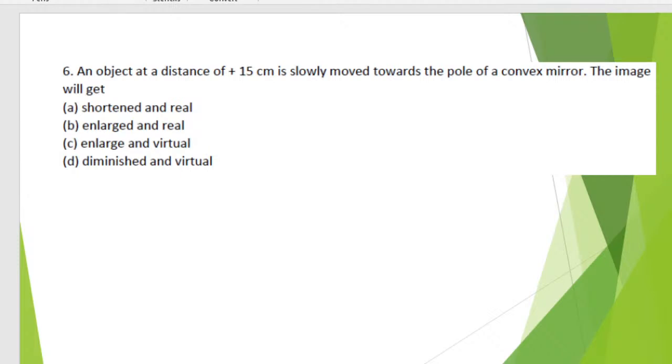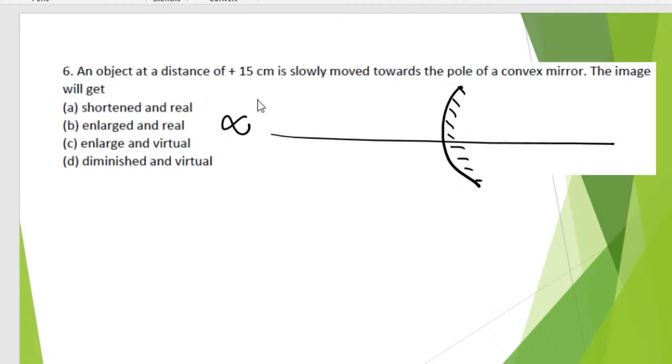So you have to know the ray diagram of the convex mirror. Say this is the convex mirror, and the object is at infinity.